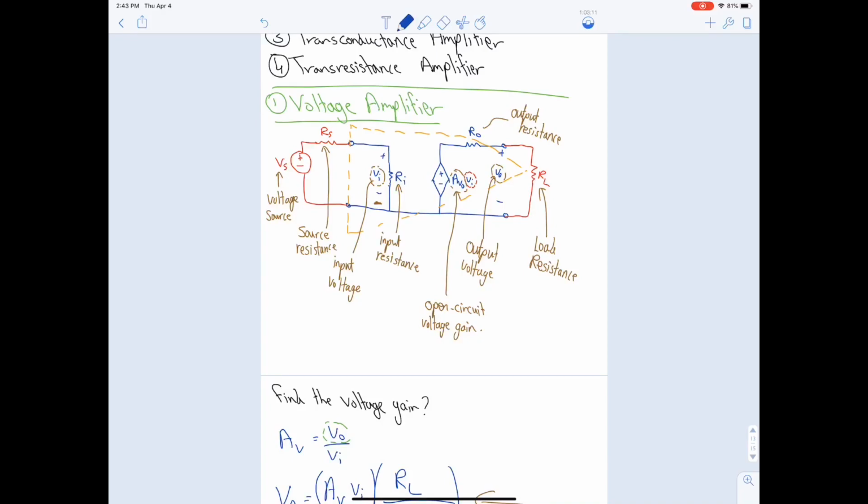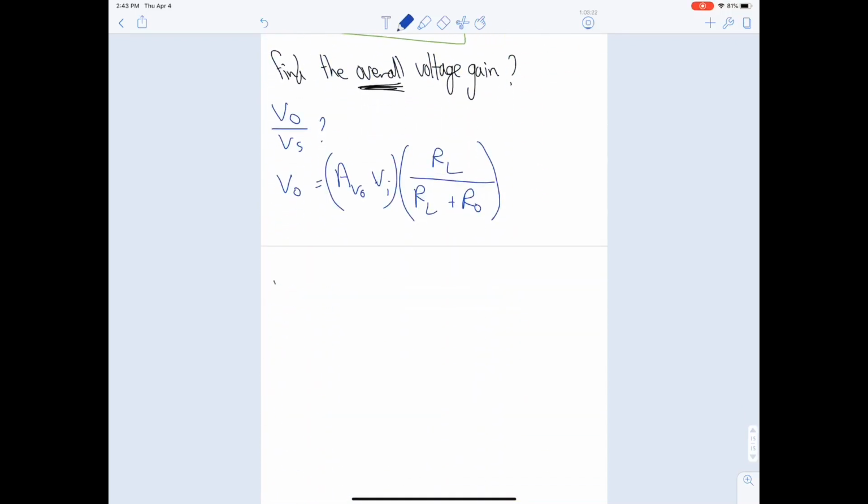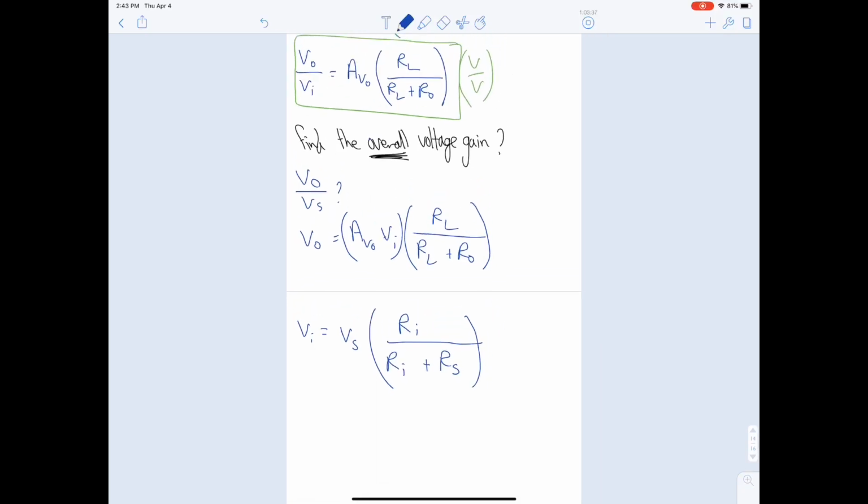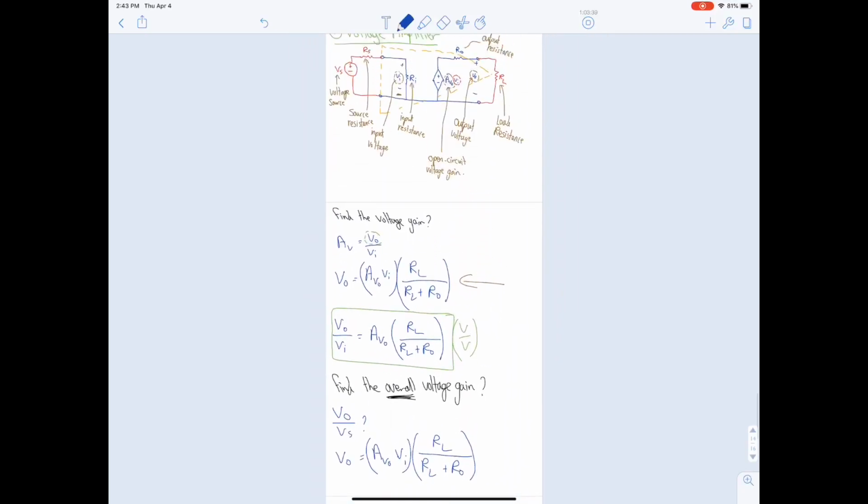It's voltage division again, because we have a voltage source and two resistances in series. So it's Vs multiplied by Ri divided by the total resistance. So Vi is equal to Vs multiplied by Ri divided by Ri plus Rs.